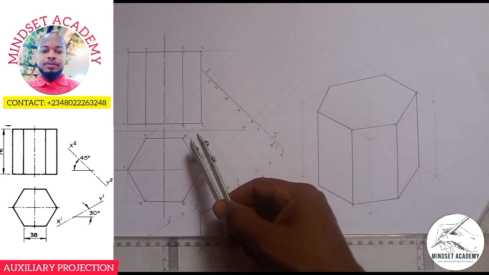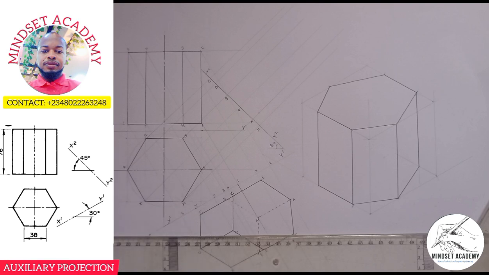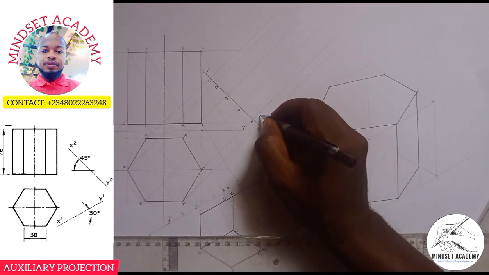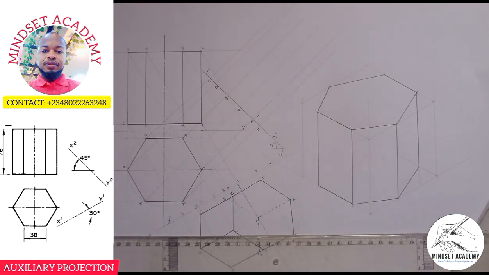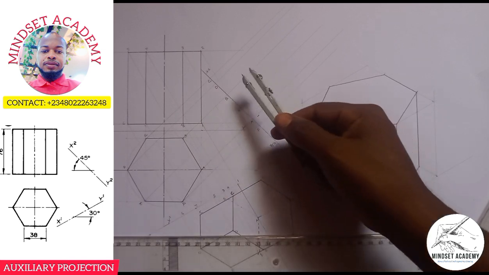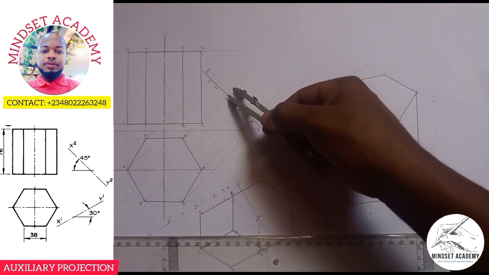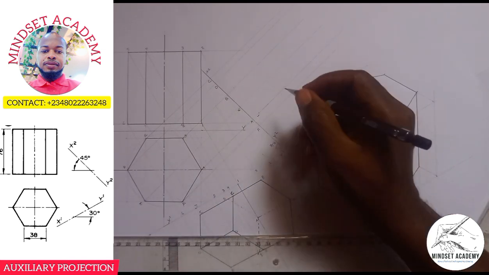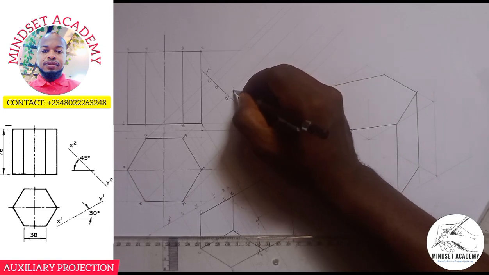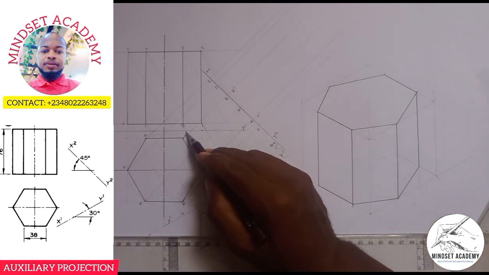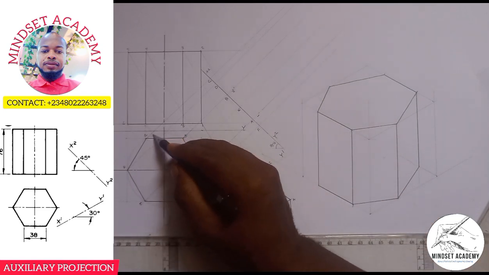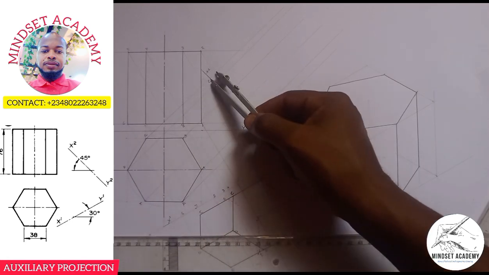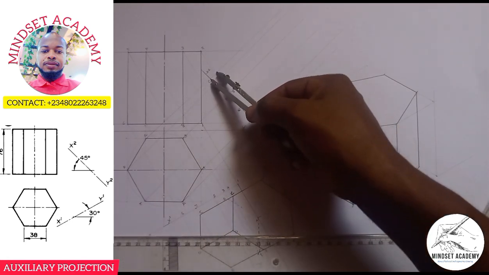Similarly, I'll come to the line of B. So this point here will be your point 1. I'll come to the line of B also, I'll mark. This point you see here will be your point 8, because B is on point 8. I'll come to C also, I'll mark the same measurement because they are on the same level.